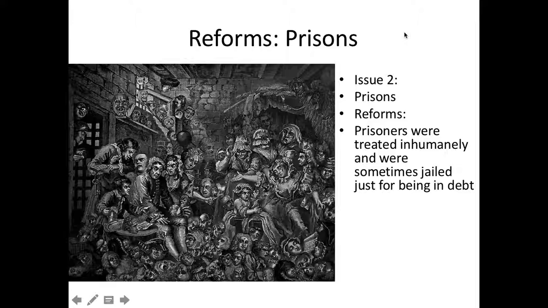So whether you went to jail because you were in debt or whether you went to jail because you committed a crime, either way the prison conditions were very bad. And basically it's not going to be good for your rehabilitation. Now, remember that one of the purposes of prisons is not just to punish people, it's also to help rehabilitate them to where when they re-enter society, they can be functioning members of society.